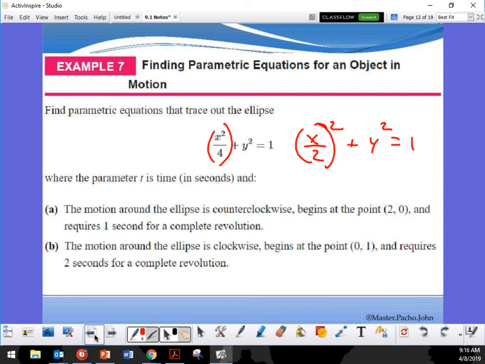Pi per second. So it would be 2 pi, right? So 2 pi, one circle in 2 seconds.